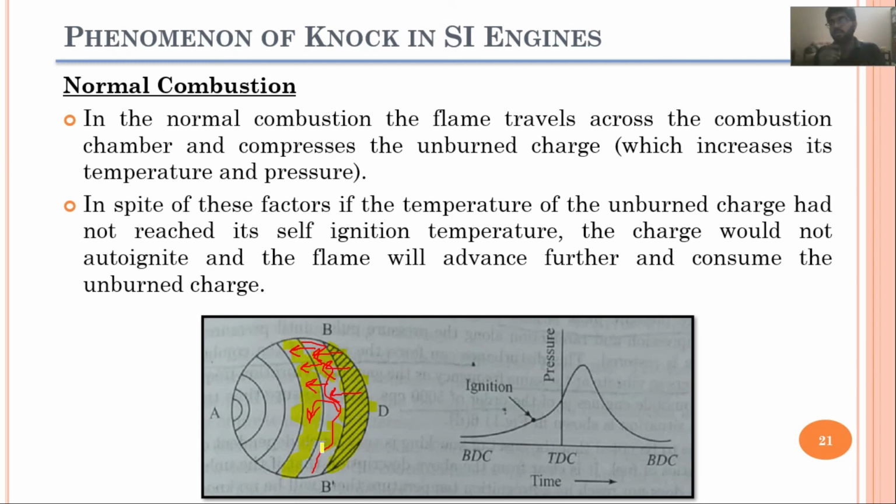This phenomenon will produce an audible sound, and it is called knocking in SI engine. So the knocking in SI engine occurs almost at the end of the combustion.